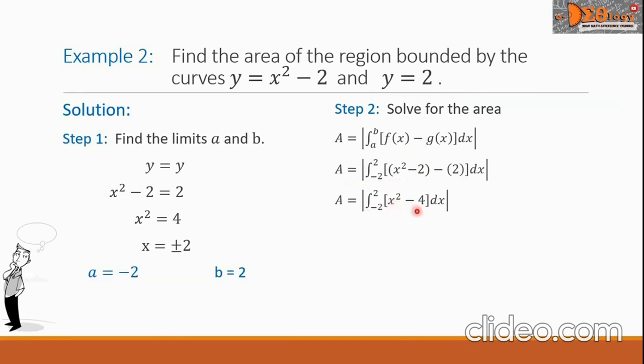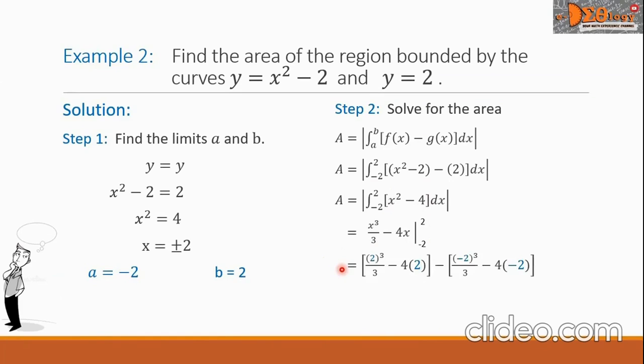Let us now do the integration. The x squared becomes x cubed over 3 minus the 4 is now 4x. We will evaluate this with respect to the limits of integration negative 2 up to positive 2.